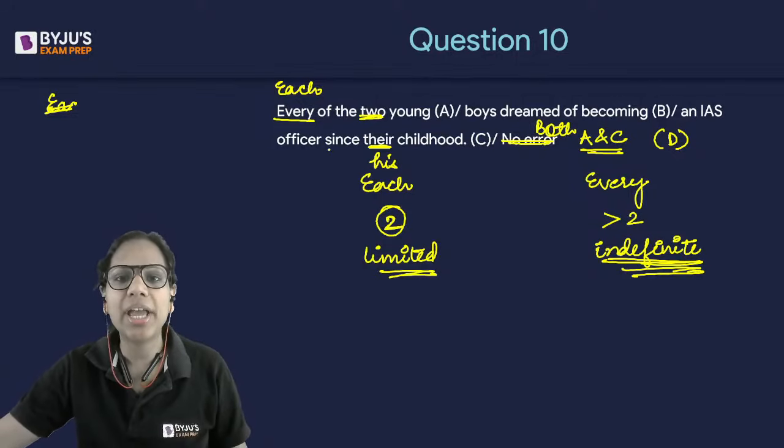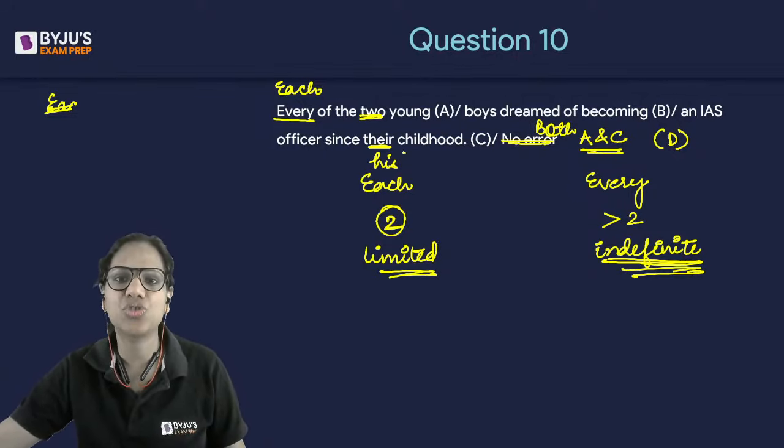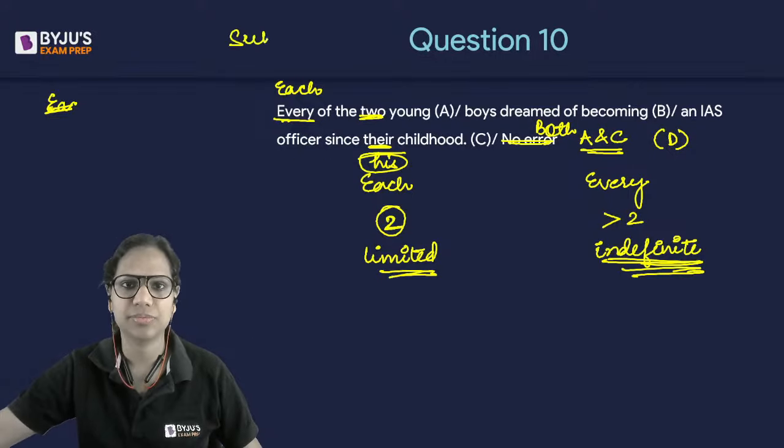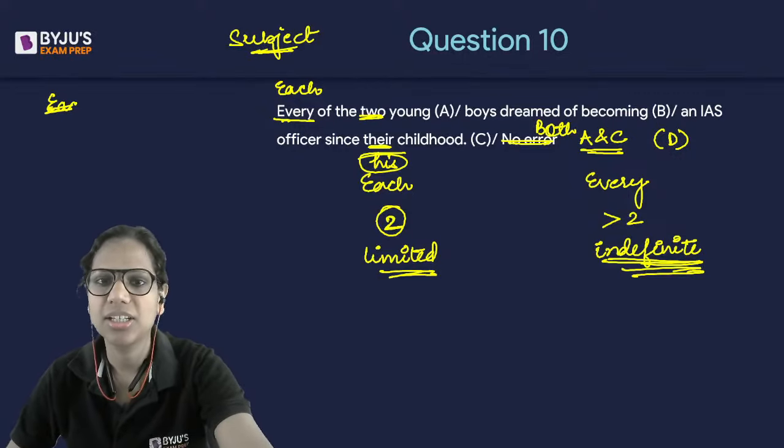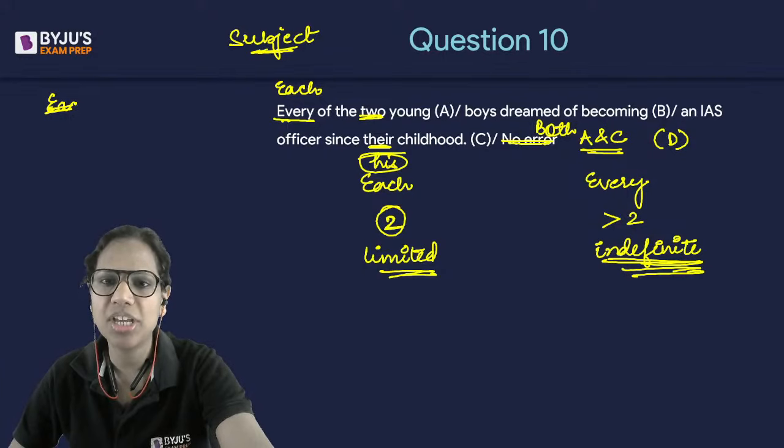Now why am I saying that it has to be since his childhood and not their childhood? Tell me, what is the subject? What is the subject of this sentence if I ask you? The subject, is it boys or is it each?